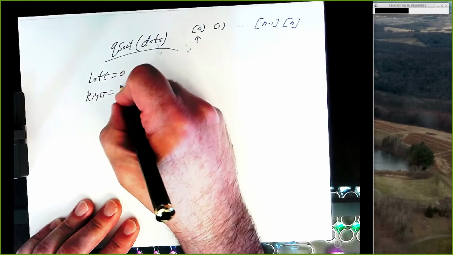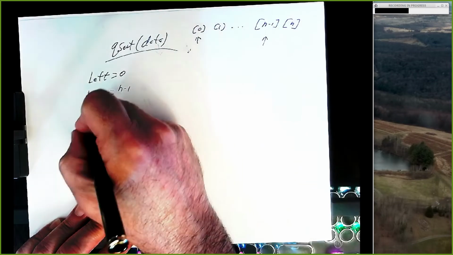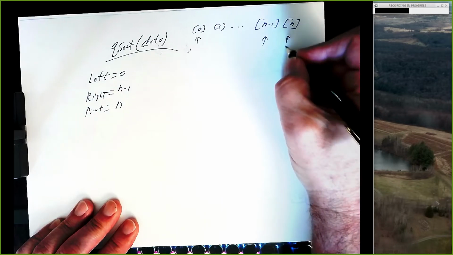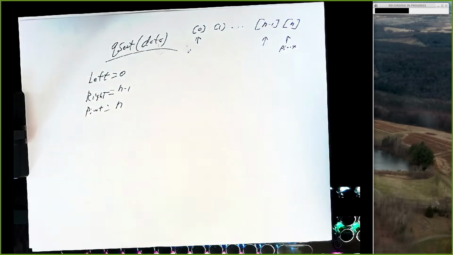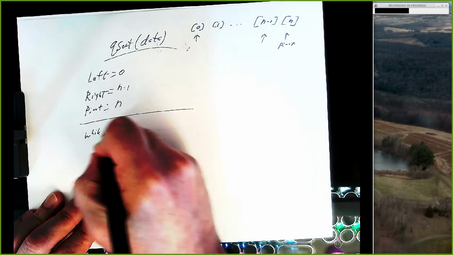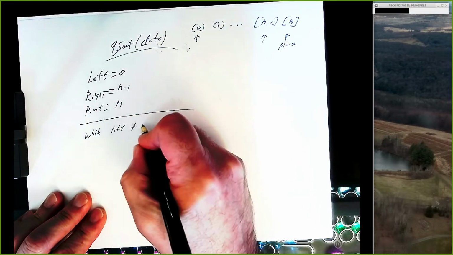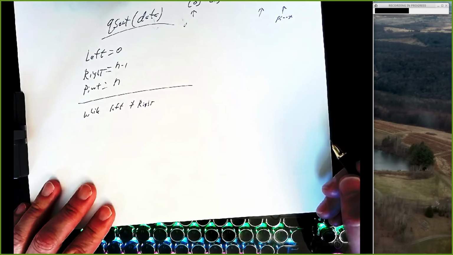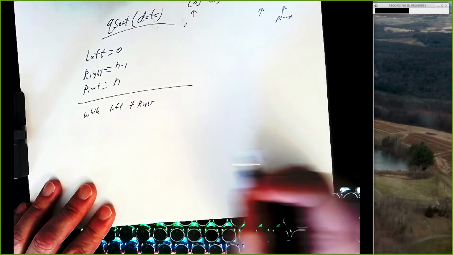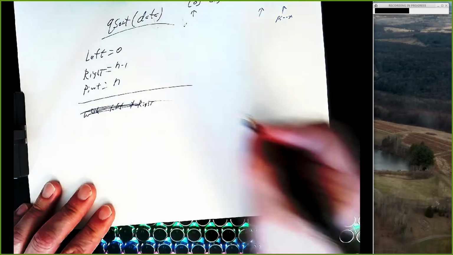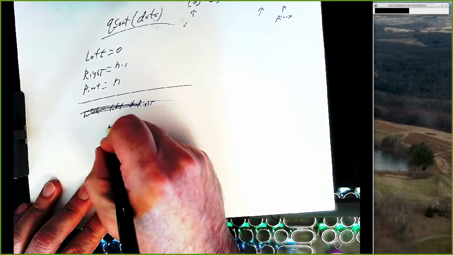My right arrow is going to start off at n minus 1. My pivot is going to be element n. And then you could do something like while left is not equal to right. I'll make this sloppy pseudocode.